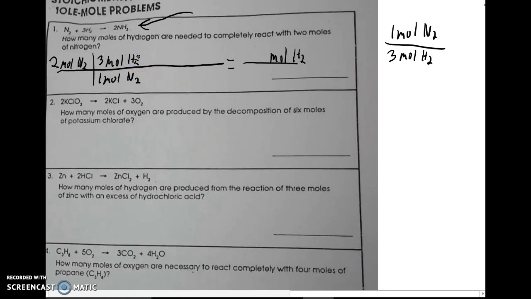And now I can solve because moles of N2 cancel out. And I'm left in the unit that I want to end in, moles of H2. So now I can just do my math. 2 times 3 is 6, divided by 1 gives me 6 moles. So that's a simple mole-to-mole problem. Again, looking for your mole ratio from your balanced chemical equation.